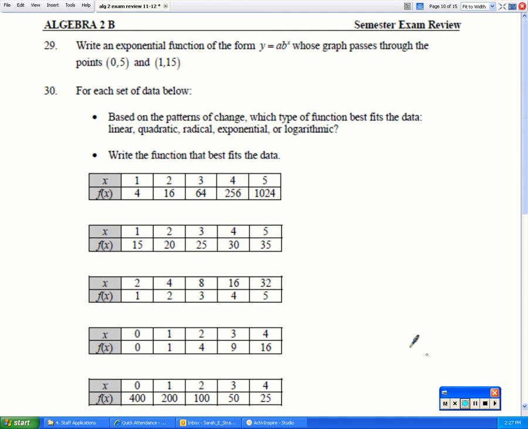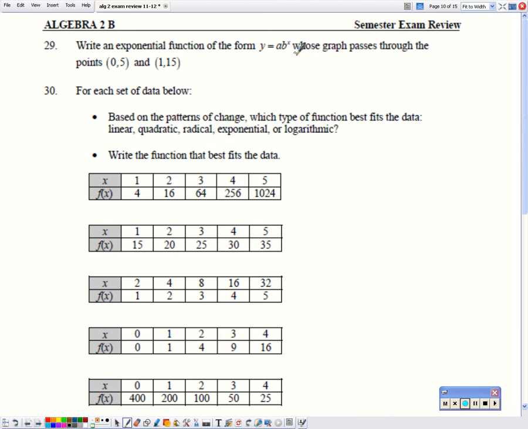Okay, question 29. It says write an exponential function in the form y equals a b raised to the x power. The points we are given are (0, 5) and (1, 15). There are a couple of different ways to approach this problem.